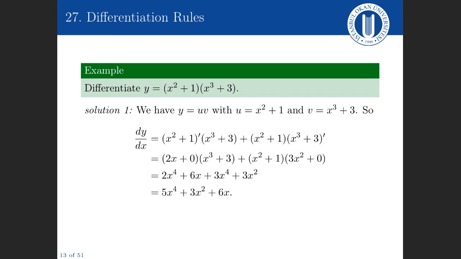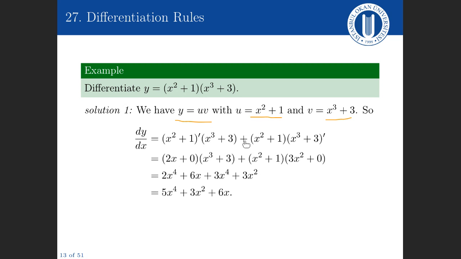And I'm going to solve this in two different ways. First of all, I'm going to solve this using the product rule, because we have y is equal to u multiplied by v, where u is the function x squared plus 1, and v is the function x cubed plus 3. So using the product rule, first we differentiate the first function, and we leave the second function exactly the same.